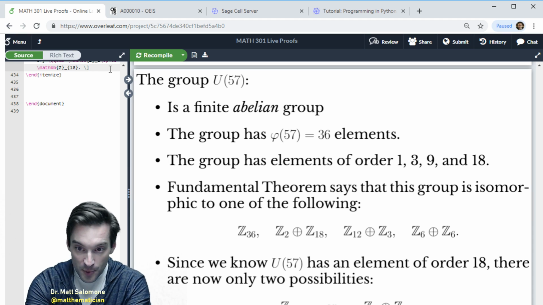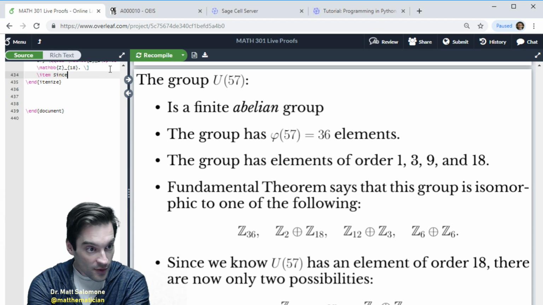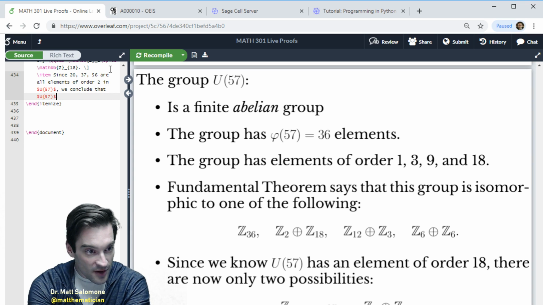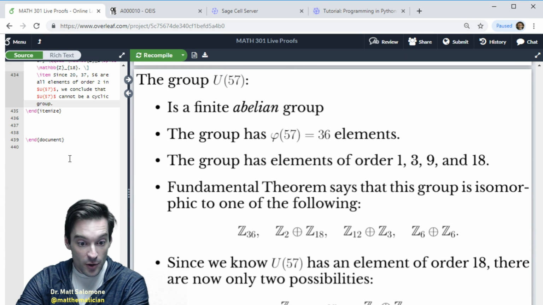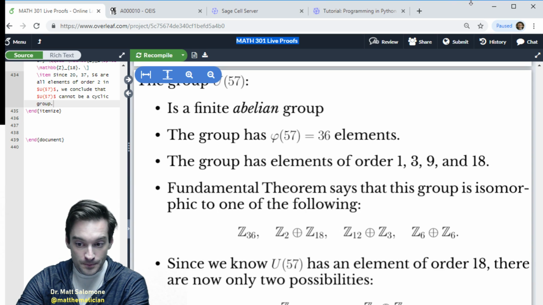So last bullet point. Since 20, 37, and 56 are all elements of order 2 in U57, we conclude that U57 cannot be cyclic. And again, if U57 were in fact a cyclic group, then it would only have phi of 2, in other words, 1 element of order 2.